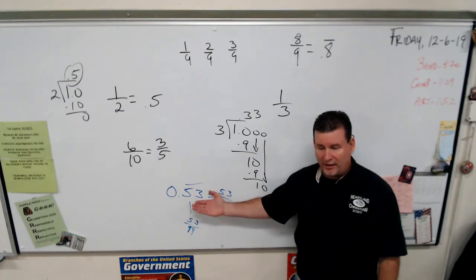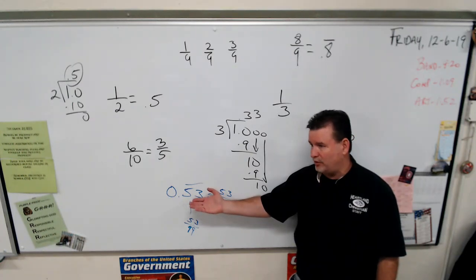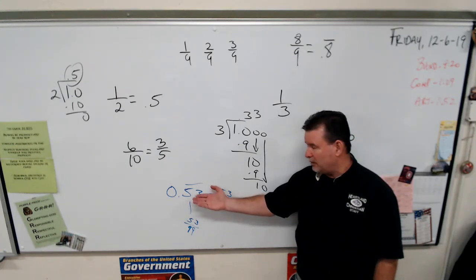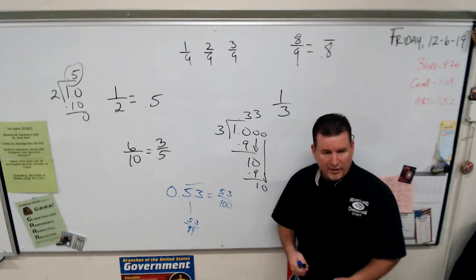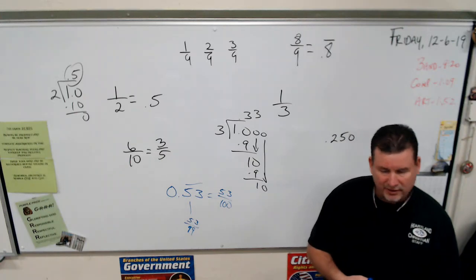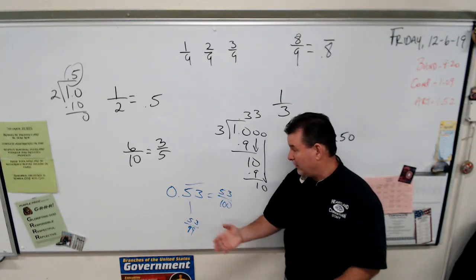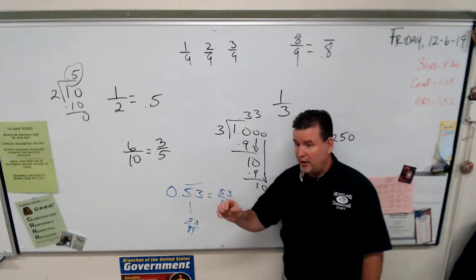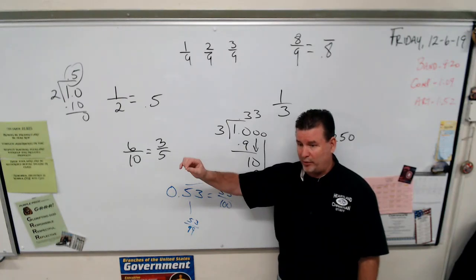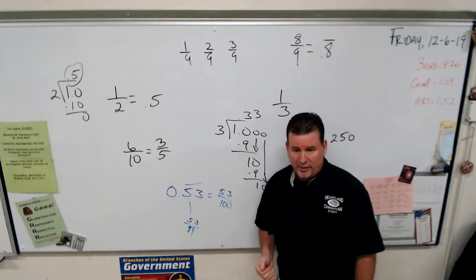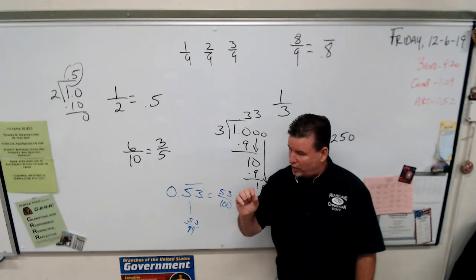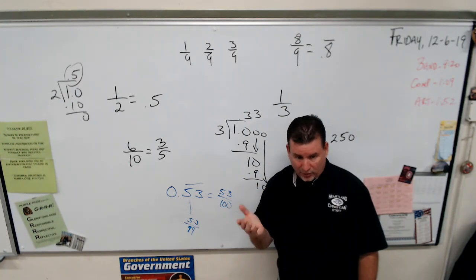Normally, in everyday life, there's not much difference between 0.53 and 0.53 repeating. However, if you go into engineering or medicine or any other field like that, there's going to be a big difference between 0.535353 and just 0.53, because when you deal with really small measurements, there could be a difference.